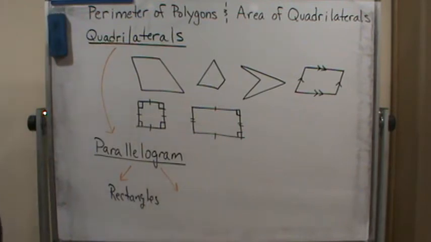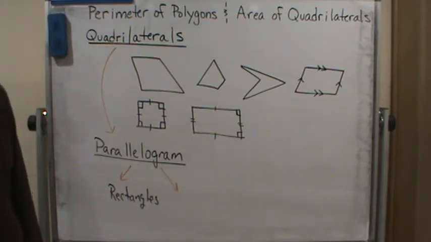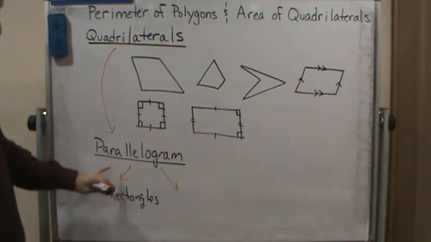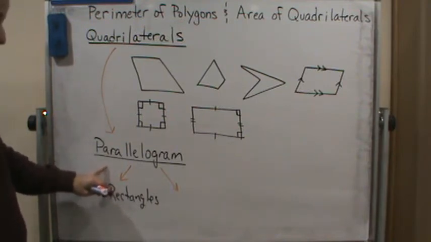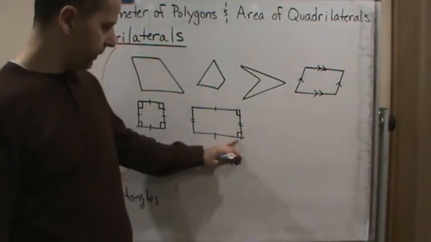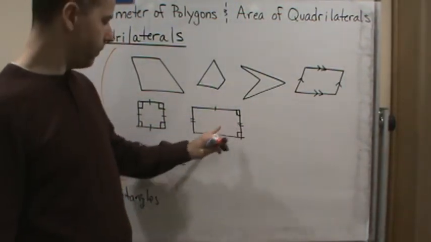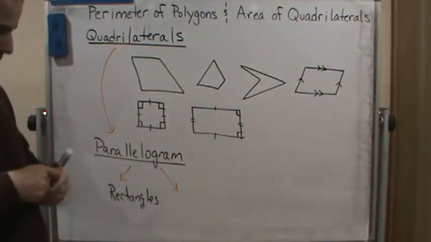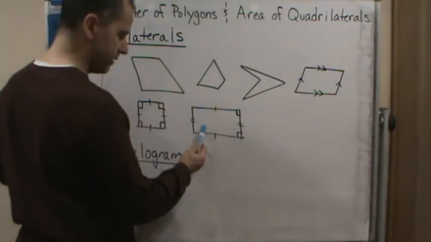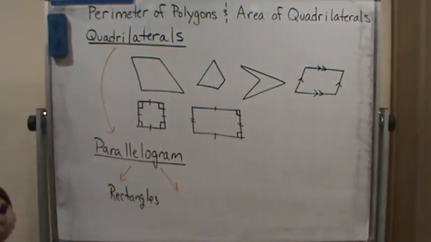Now what's a rectangle? A rectangle is a parallelogram, but the sides intersect at right angles. If you have a parallelogram where all four vertices are right angles, that is a rectangle.